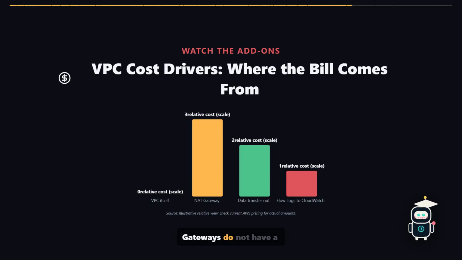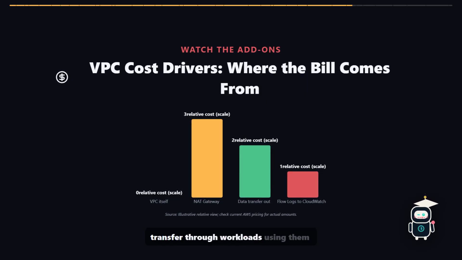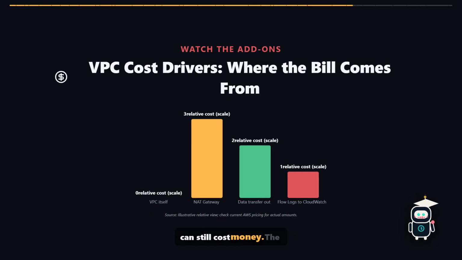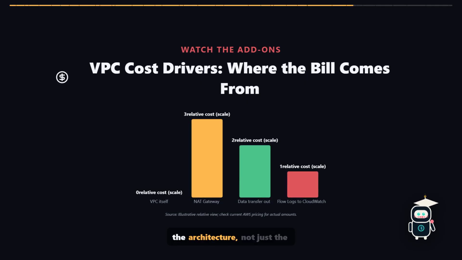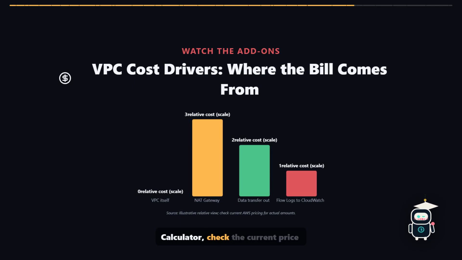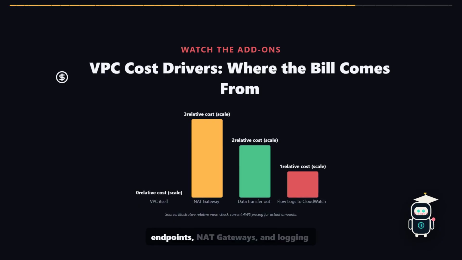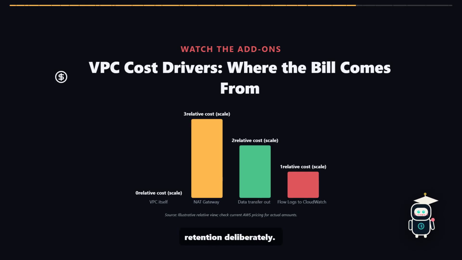Internet gateways do not have a separate hourly charge, but data transfer through workloads using them can still cost money. The practical lesson is to review the architecture, not just the VPC. Use the AWS pricing calculator, check the current price for your region, tag resources for cost allocation, and choose endpoints, NAT gateways, and logging retention deliberately.